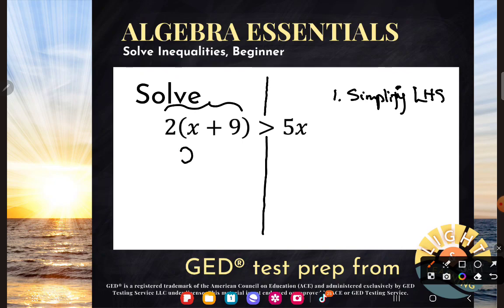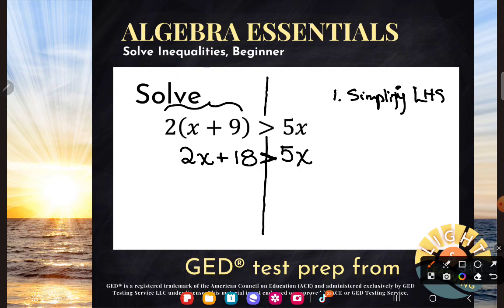So 2 times x is 2x, and 2 times positive 9 is plus 18. Now, whenever you're simplifying, it's never going to affect the inequality symbol because you have the same amount. You just are writing it in a simpler way. And nothing to simplify on the right-hand side.